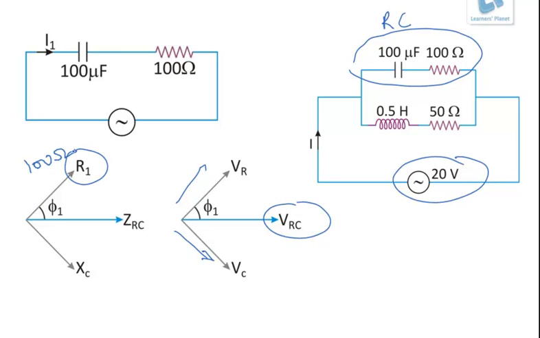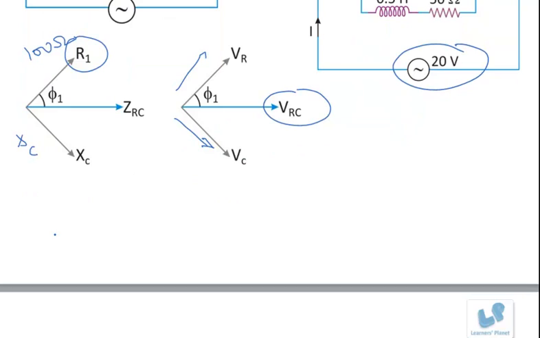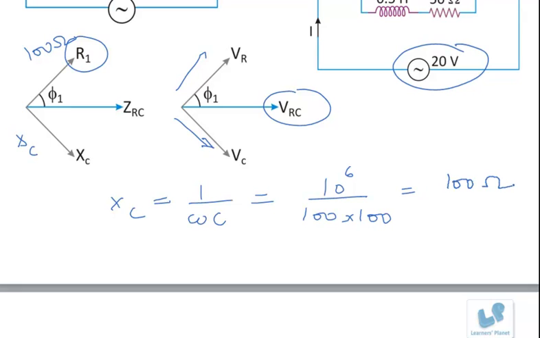If we make the impedance diagram or triangle for it, the resistance R1, that is 100 ohm, and capacitive reactance XC, they will be also making this angle, and let us say phi 1 is the phase angle. The value of XC is given by 1 upon omega C. Omega is 100, C is 100 into 10 to the power minus 6, so the answer is 100 ohms.